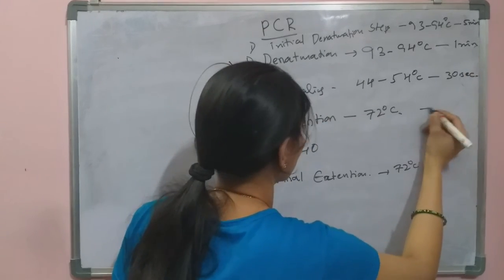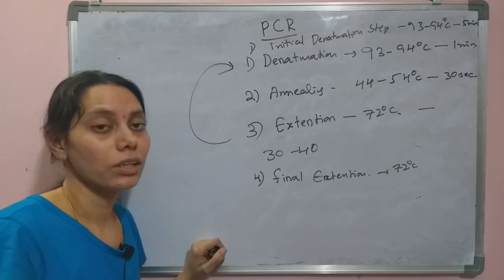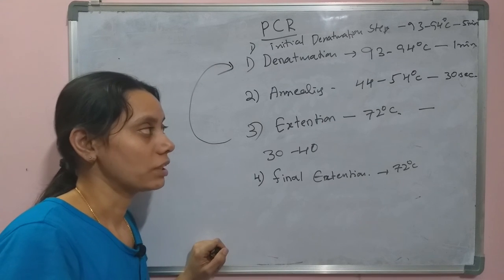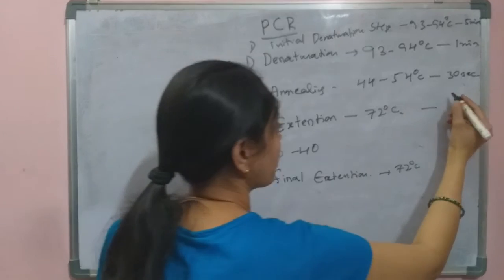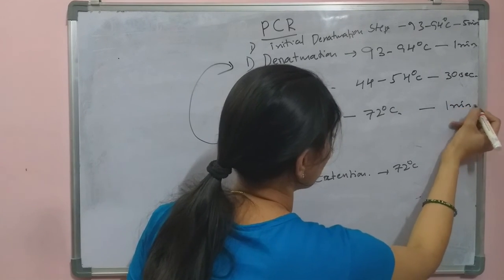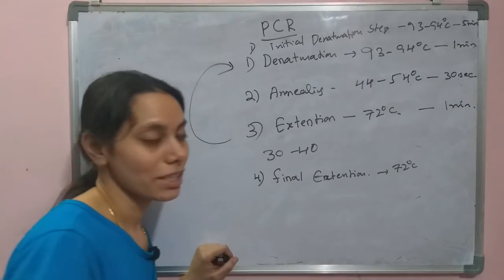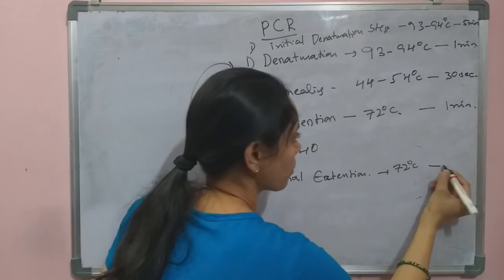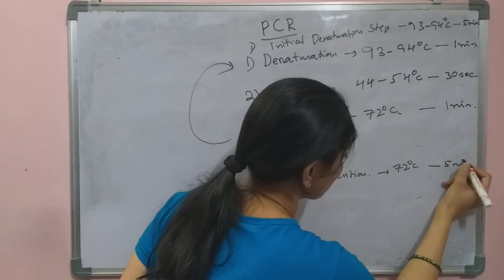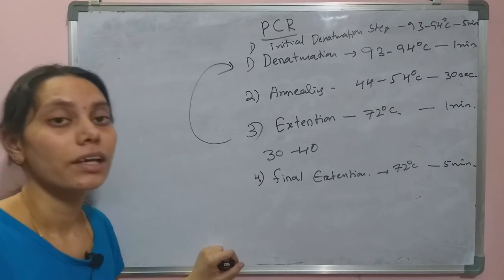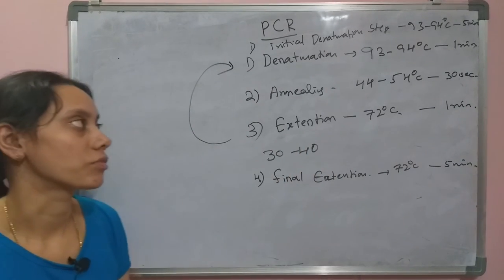For extension, or synthesis of the DNA, it requires again 1 minute, and the final extension generally 5 minutes. So like that we will fix the PCR reaction.